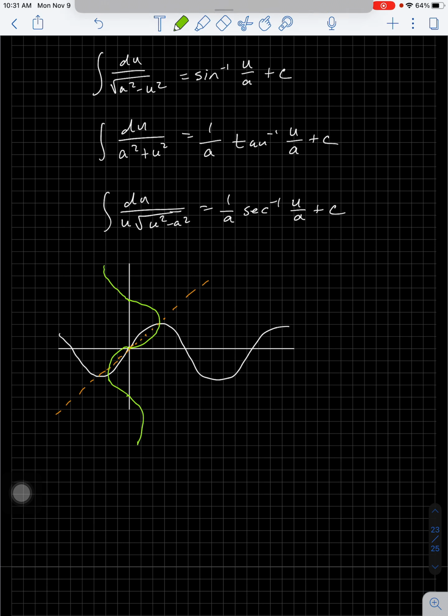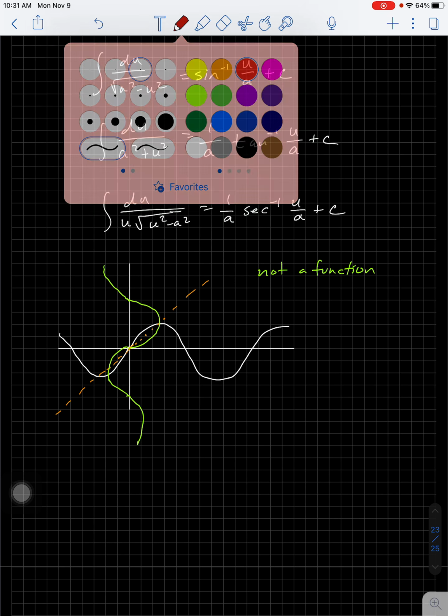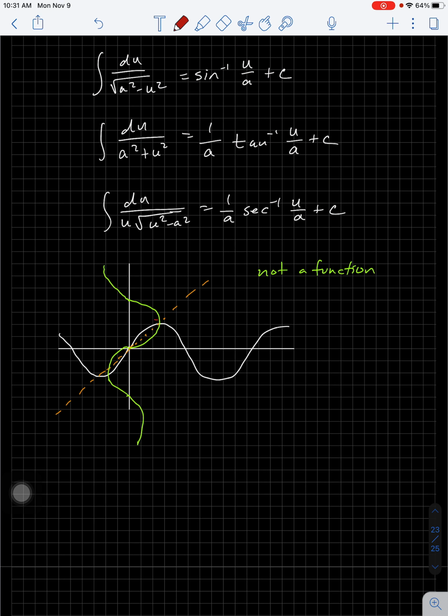Okay, so the green is the inverse sine, and the problem is that the green is not a function. So what we did was we said, well, let's restrict the domain on this, and so we cut it off right here and right here.